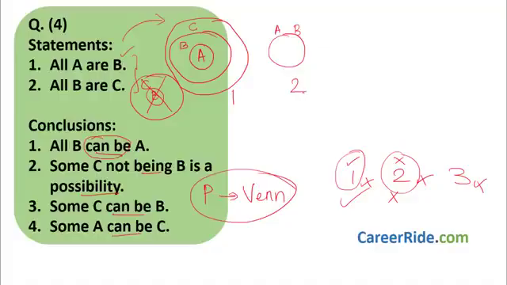In one Venn diagram, the conclusion all B can be A is not possible. But if you draw all A are B in this alternative manner, then we can say that all B can be A. So here the conclusion is possible. One diagram where the conclusion is not possible, one diagram where the conclusion is possible, means we have to mark it as correct. So this is a correct conclusion.